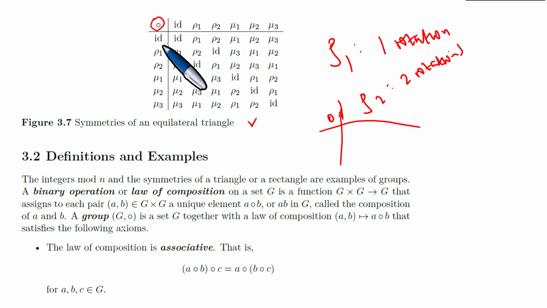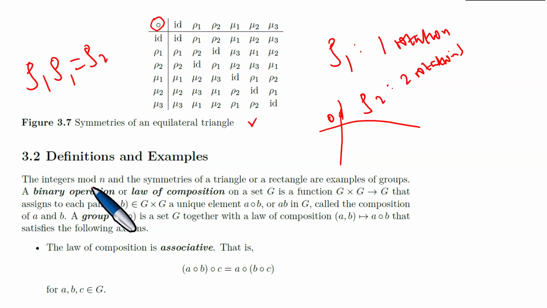The identity does not change any of these. Identity with mu3 is not going to change anything. But this one we need to check very carefully. Mu1 with identity symmetry is row 1. But row 1 with row 1 is row 2. So if you do row 1 twice, it is row 2.